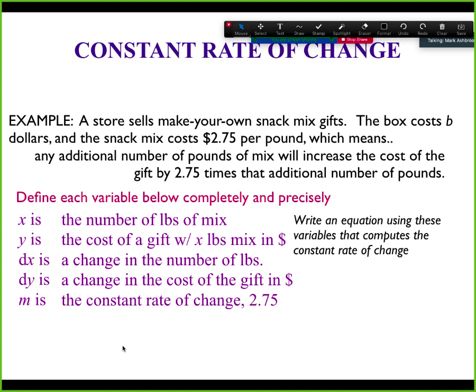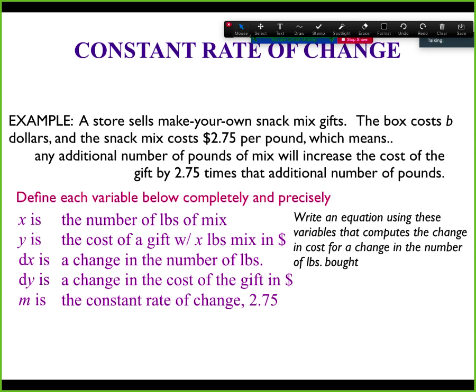Yeah, so if it's proportional, no matter what dx you pick, you get the corresponding dy. That will always be in proportion, so it'll always be m. The change in cost for the change in number of pounds bought. What equation would calculate the change in cost for some change in number of pounds?